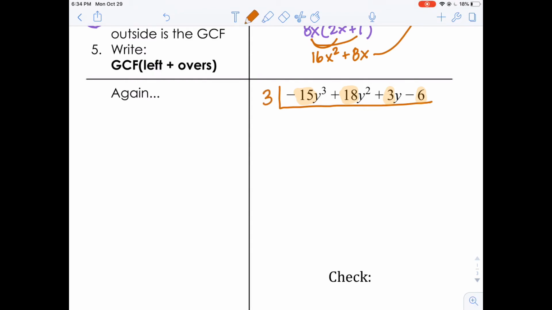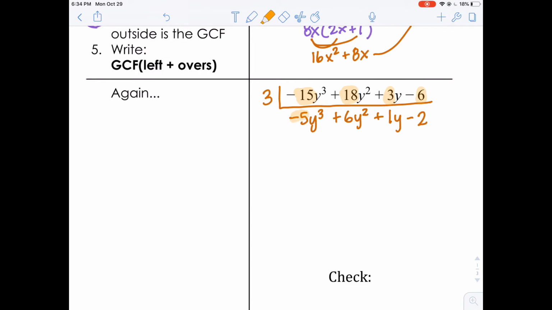So I'm going to have negative 15 divided by 3 would be negative 5, y to the third, plus 18 divided by 3 is 6, y squared. 3 divided by 3 is positive 1, y. And negative 6 divided by 3 is negative 2, like that. I already checked the y's. There aren't enough y's.